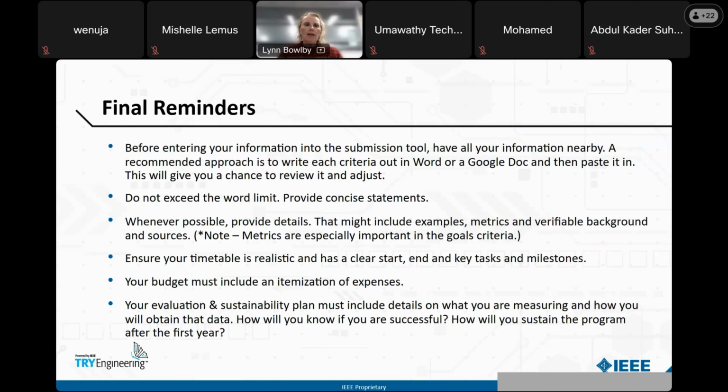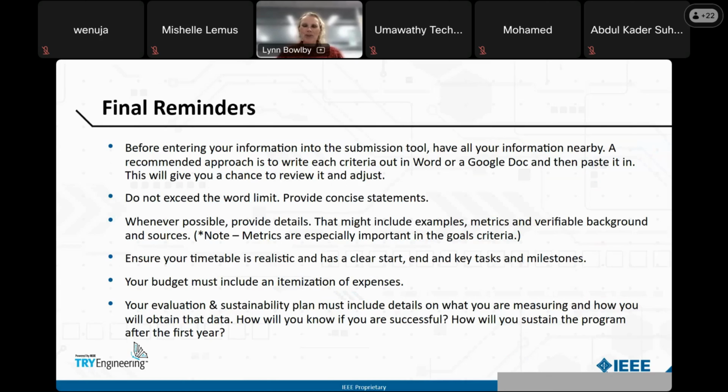Your budget must include an itemization of expenses. Keep in mind those items on the bulleted list that won't be included for the funding. So if you include those in your budget, you're likely not going to receive a grant. And then your evaluation and sustainability plan must include details on what you're measuring. So again, metrics.